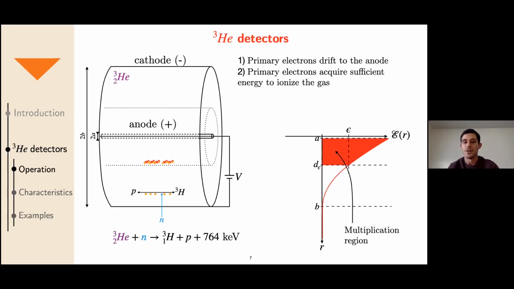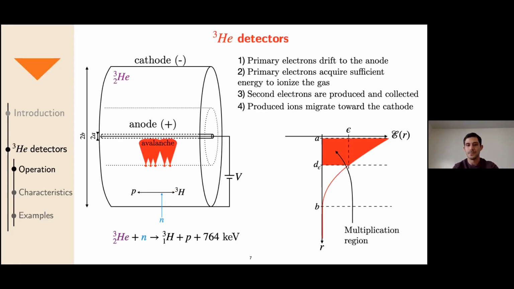This is what we call the avalanche phenomenon. A primary electron will produce 100 secondary electrons. All the secondary electrons produced are collected on the anode, and the produced ions migrate toward the cathode.